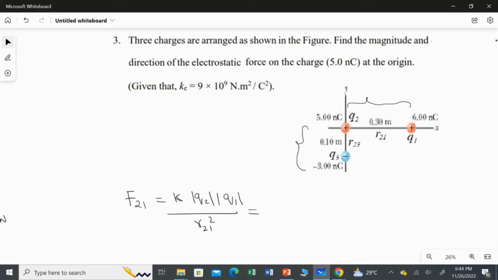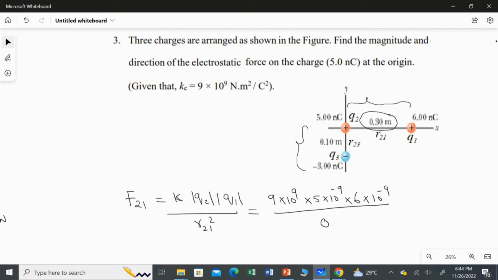The Coulomb constant is 9 multiplied by 10 power 9, multiplied by the magnitude of the second charge, which is 5 nanocoulomb. So 5 multiplied by 10 power minus 9, multiplied with the first charge. What is the first charge? 6 nanocoulomb. So 6 multiplied by 10 power minus 9 over the distance between charge 2 and charge 1, which is exactly 0.3 meters.